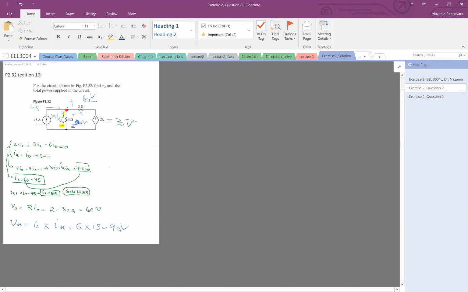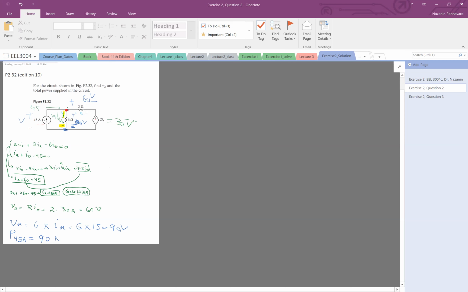So let's do the math. For the power of the 45 amp source, we can write the voltage, which is exactly this voltage, 90, times the current.